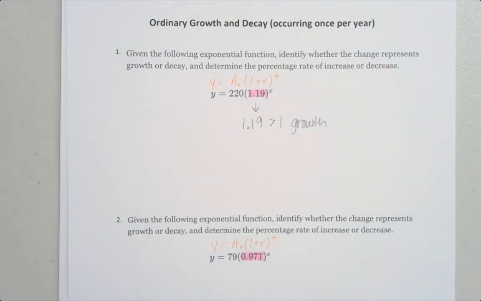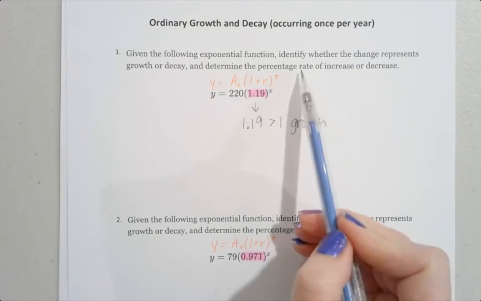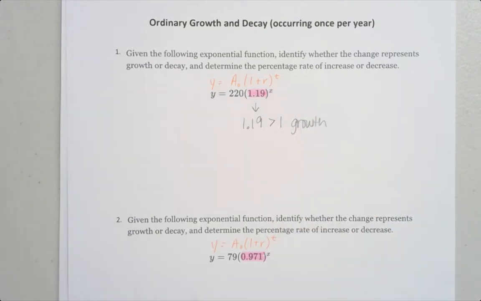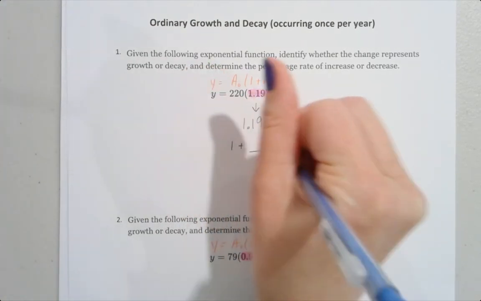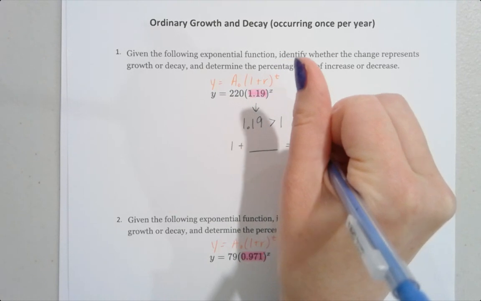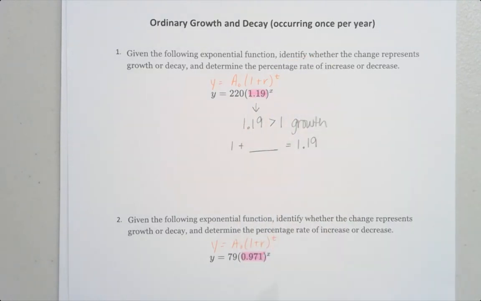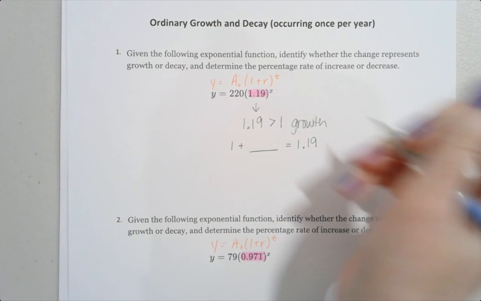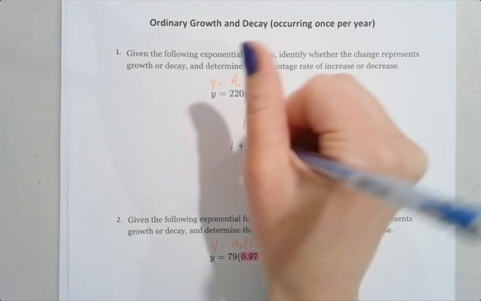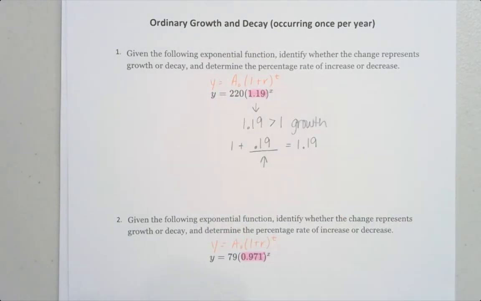If it's representing growth, we want to now identify the rate because that's what it was asking us to do. First, to identify if it's growth or decay, which we did. Now we need to identify the rate. So 1 plus some number gave us 1.19. If you guys need to grab your calculators now and subtract this over to find out what's left, this number right here is going to be 0.19.